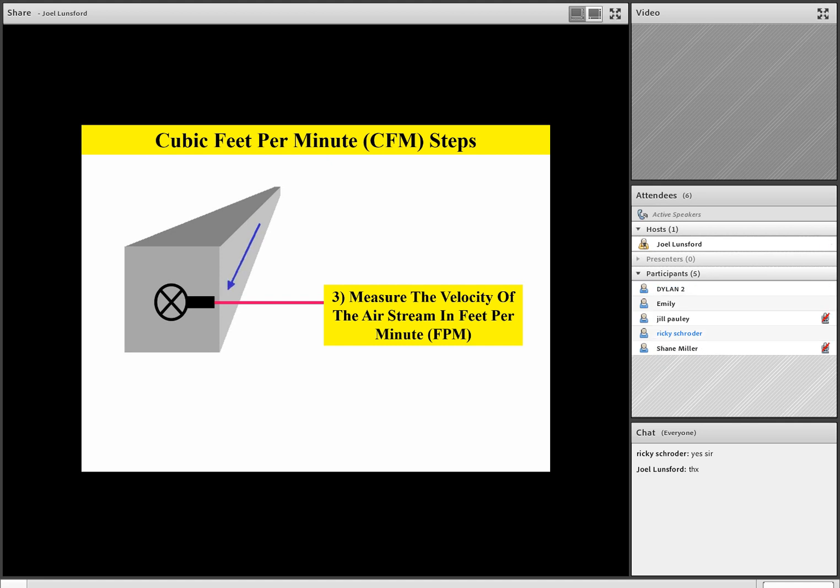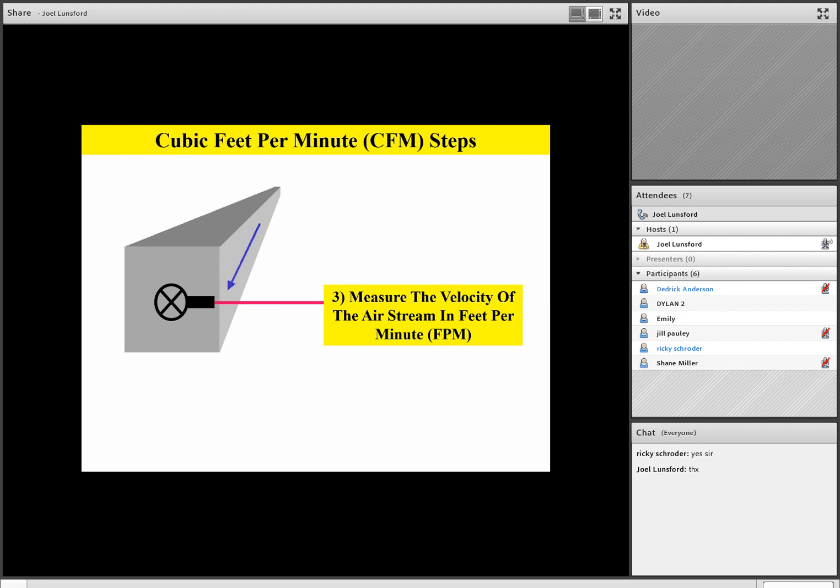With a hot wire, you would poke a hole in the side of the ductwork and slide that probe in. Or you can remove the register or grill from the ductwork, and you can take this rotating vane tool and put it right in the ductwork, or right in front of the ductwork, and measure the velocity of the air either way. So whatever method you choose, they both work very, very well. But whatever method you choose, be sure that you're measuring velocity of the airstream in feet per minute.